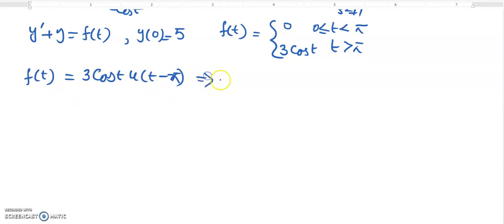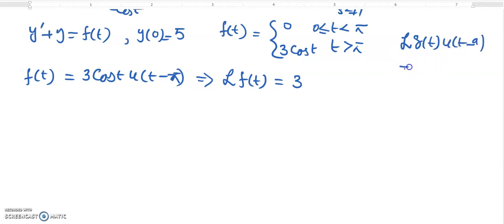For this function, we need the Laplace transform when we take the Laplace transform of this equation. So the Laplace transform of this will be equal to 3 times, and we can now apply this formula: Laplace of g of t into u of t minus a is equal to e power minus as times the Laplace of g of t plus a.